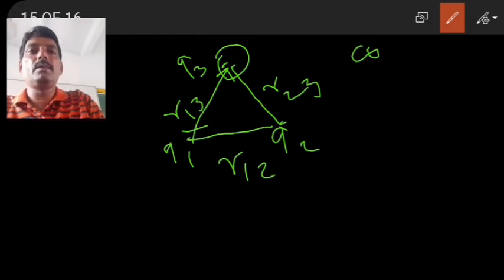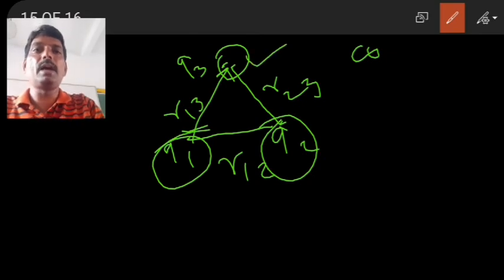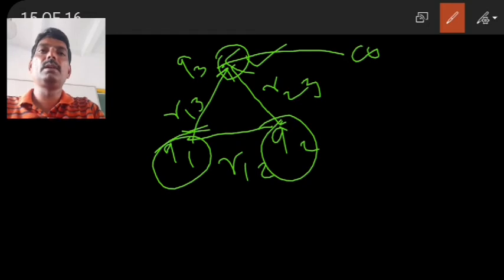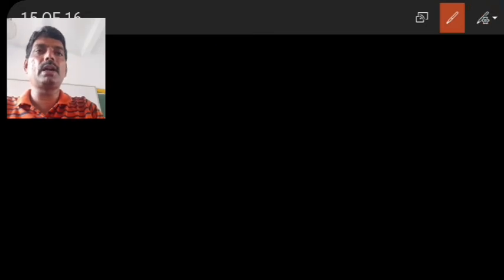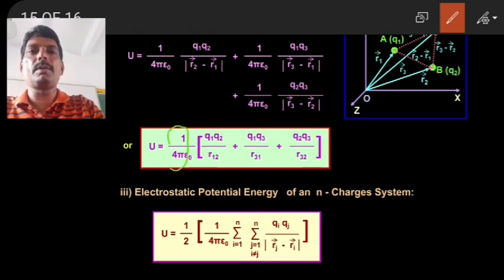So these two charges have their potential at this point, and then you are bringing this charge from infinity to that point where you have to do the work done. So here, whenever you are going to calculate the potential due to 3 point charges, then ultimately first you will get 1 upon 4 pi epsilon naught common, Q1 Q2 upon r12.